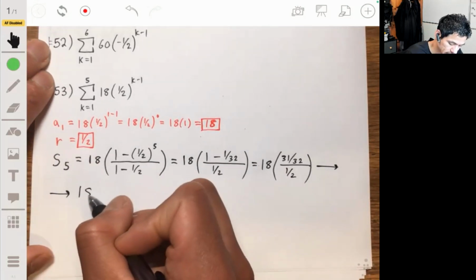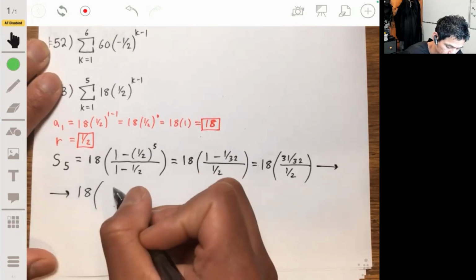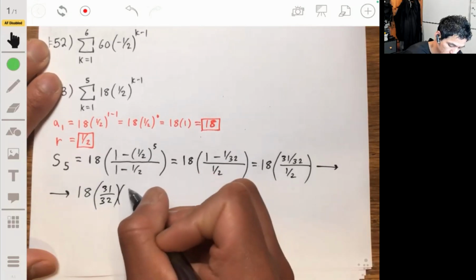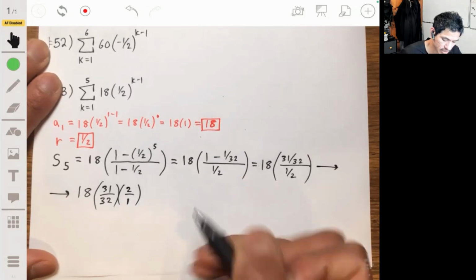Breaking it down, we get 18 times 31 over 32 times 2 over 1.